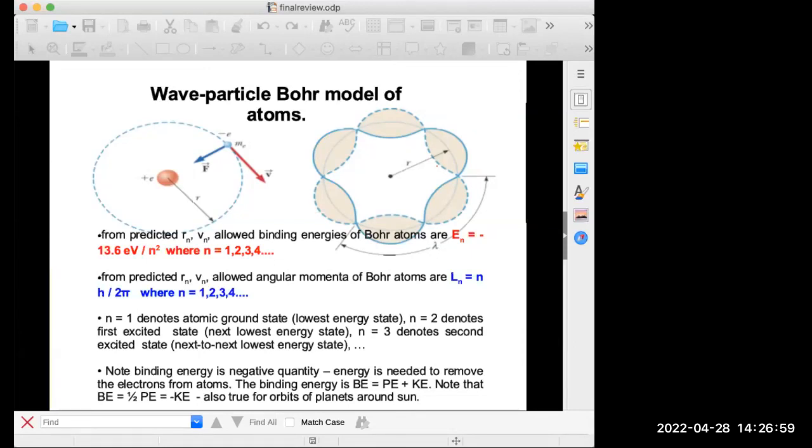And so that restricts the radii and the speeds of the orbits to certain allowed values. And that restricts the binding energies and the angular momenta of the electrons in the atom to certain binding energies and certain angular momenta. And I've quoted those equations here.